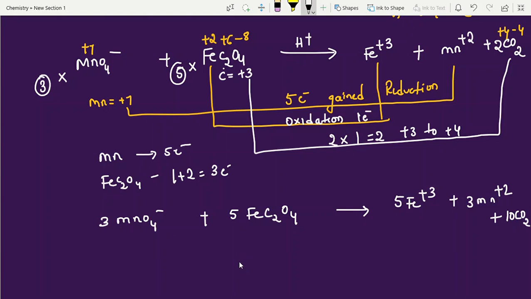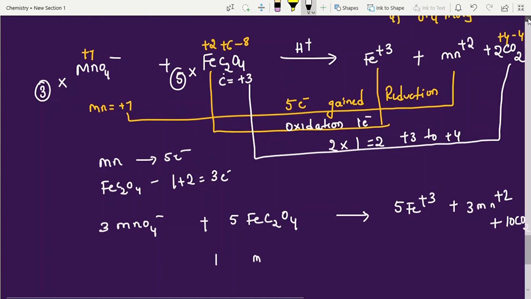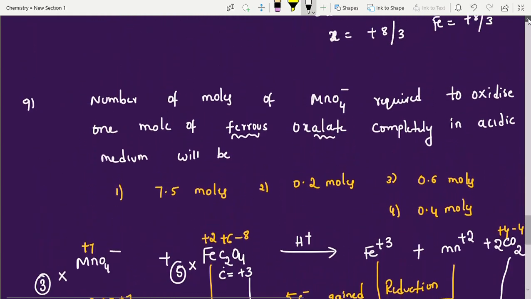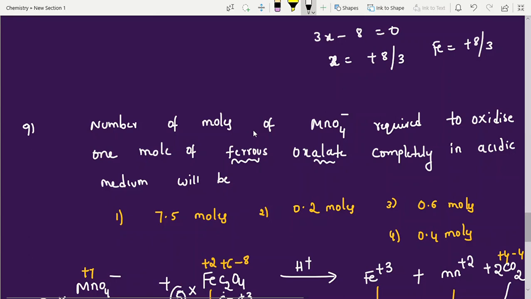What is the question, students? Go back to the question. Number of moles of MnO4 minus required to oxidize 1 mole of iron oxalate.